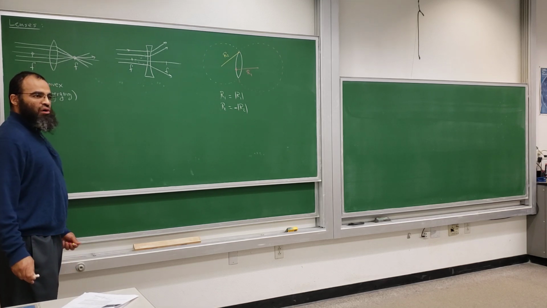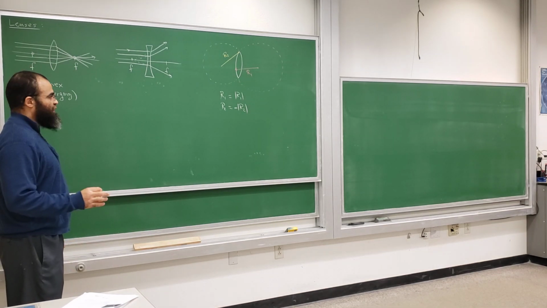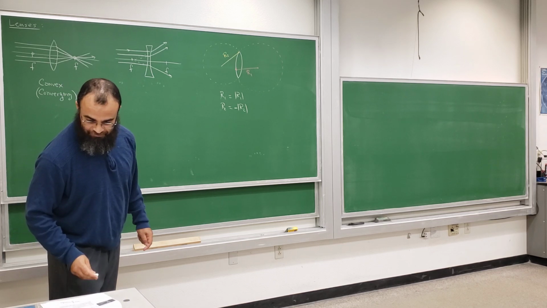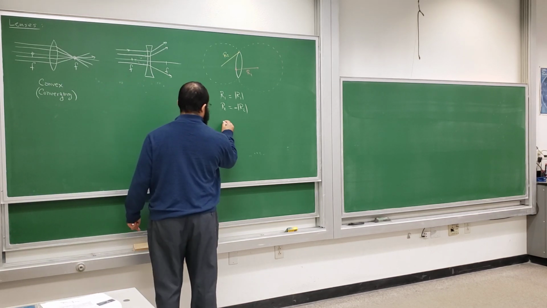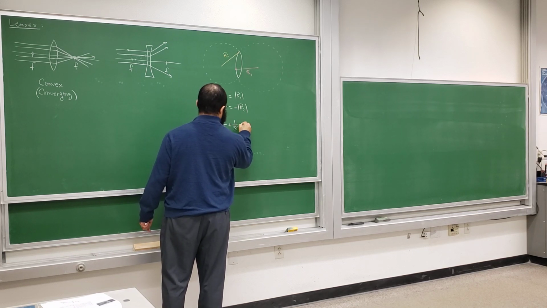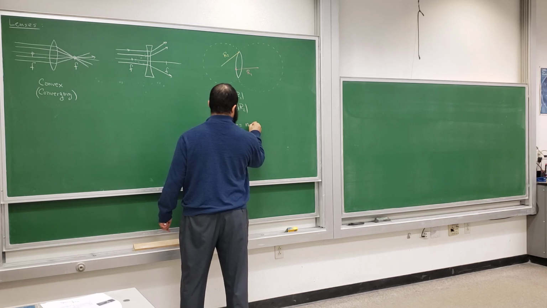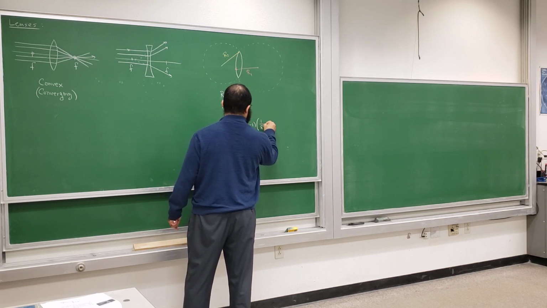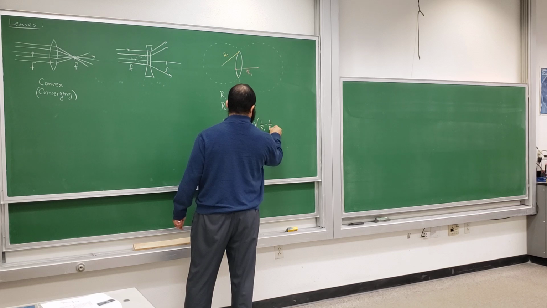Let's draw more rays. I want to derive the equation from last time. Here's what we got. We had this from last time: 1 over S plus 1 over S prime is equal to (N minus 1) times (1 over R1 minus 1 over R2).